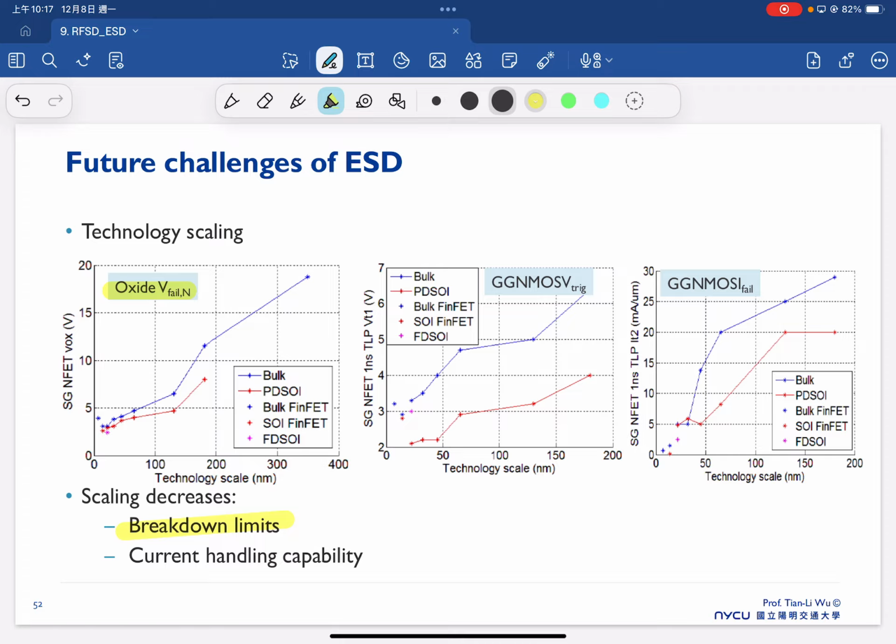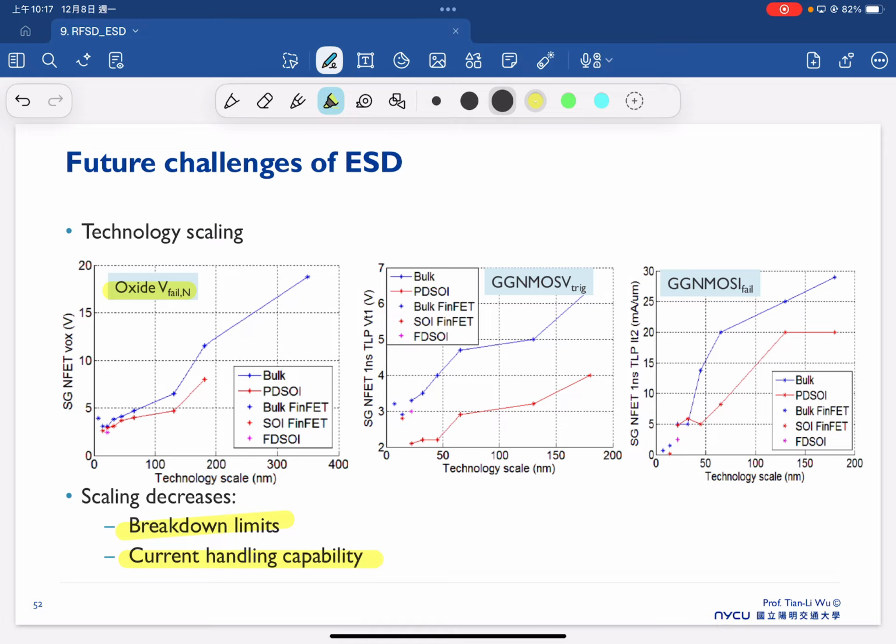As we scale to the advanced node, our oxide is getting thinner and thinner, so the voltage that can lead to oxide breakdown is also reduced. The current handling capability is reduced too, because our pitch size and contact holes are smaller, so the current density is higher, but we cannot handle such high current as before. Therefore, we start to suffer from these ESD challenges.